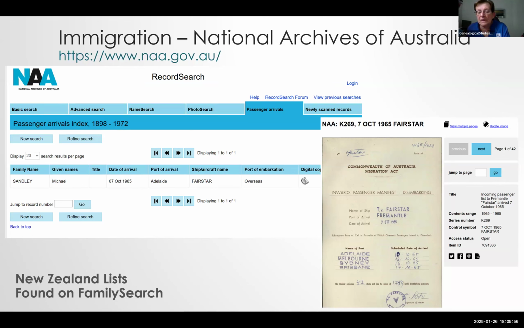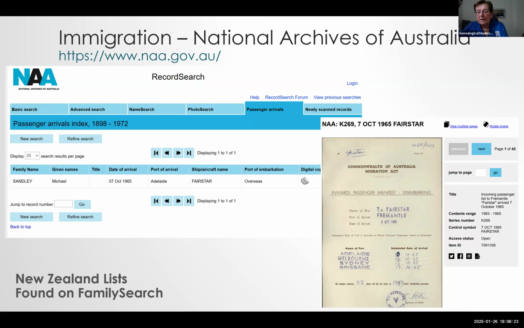After that, they went to Adelaide, Melbourne, Sydney, and then Brisbane, and the dates of those arrivals. The date of arrival for Michael Sandley is given as the 7th of October because that was when they arrived in Australia. The first place of docking was Fremantle, and that was given as their port of arrival.